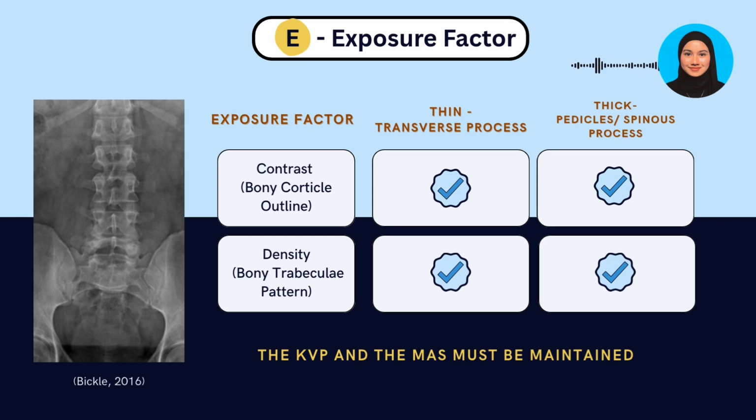The mAs is also adequate for detail and density because the thin structure, the transverse process, can be seen, and the thick structures, the pedicles or spinous process, can be seen. Hence, both kVp and mAs must be maintained.